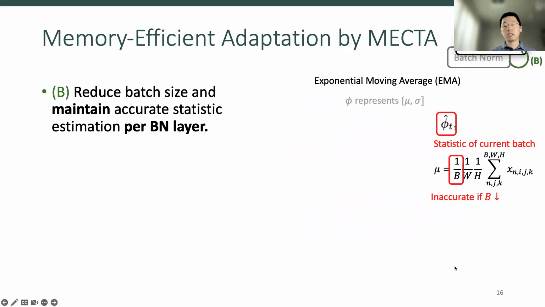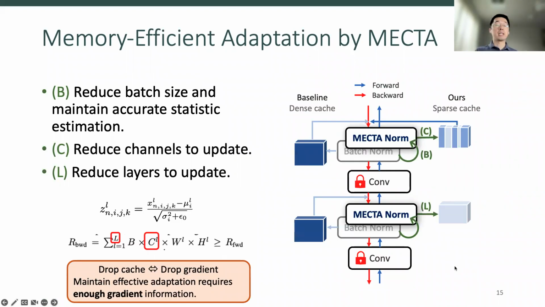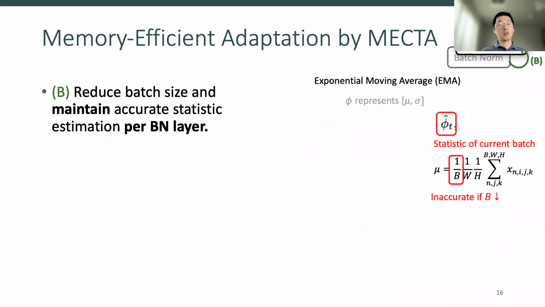So this is the high level of MECTA: we will reduce the batch size, number of channels, and layers. The challenge is how we can reduce the memory complexity while maintaining good accuracy of the statistics and the gradients. First, we want to reduce the batch size, and we know that reducing the batch size will lower statistical accuracy.